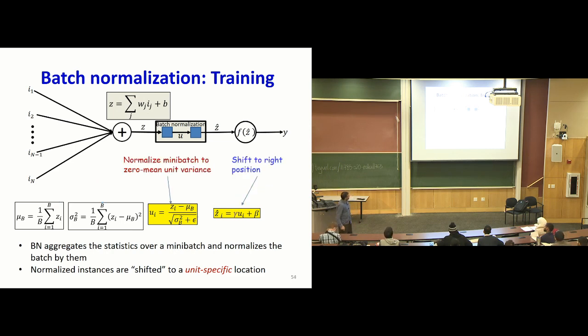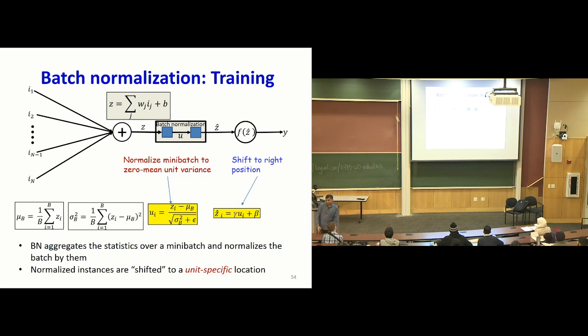Then the second step, you would normalize every instance in the mini batch by subtracting the mean and dividing by the standard deviation. So what this means is that the mini batch, as a result, has a mean of 0 and a variance of 1. So you've standardized every mini batch. That's what this first block does.